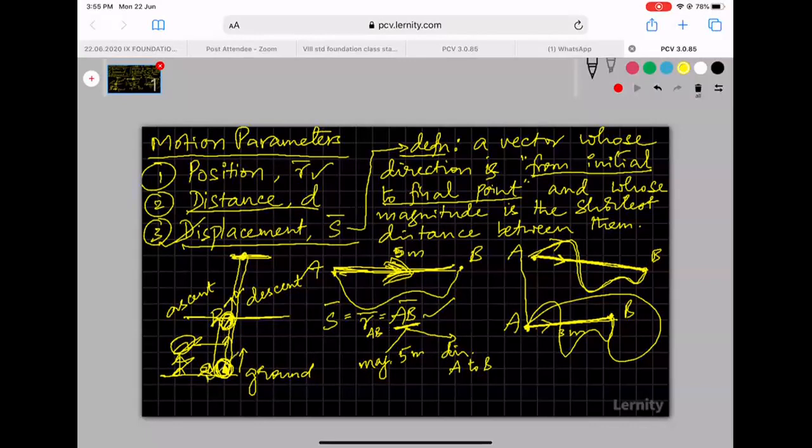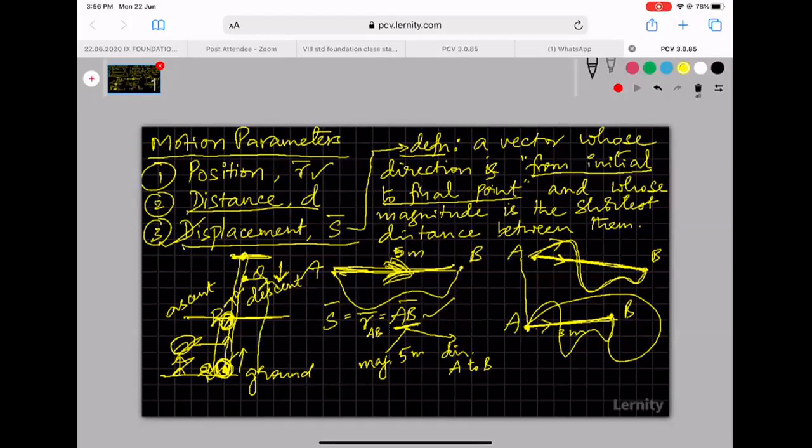This is the initial point. Now, during its descent, let us say it is at a point Q, as shown on the screen. It is moving down, but it still is above the ground, is it not? The particle is still moving down, but it is still present above the ground.